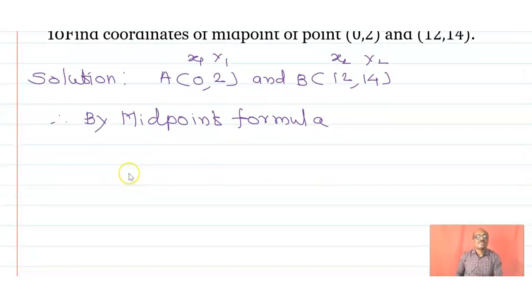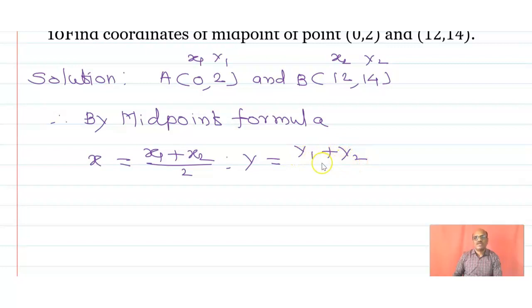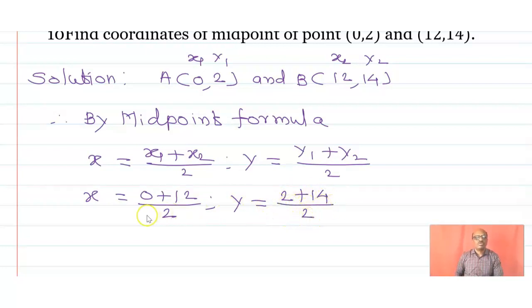What is here? x is equal to x1 plus x2 upon 2 and y is equal to y1 plus y2 upon 2. x is equal to 0 plus 12 upon 2. y is equal to 2 plus 14 upon 2.